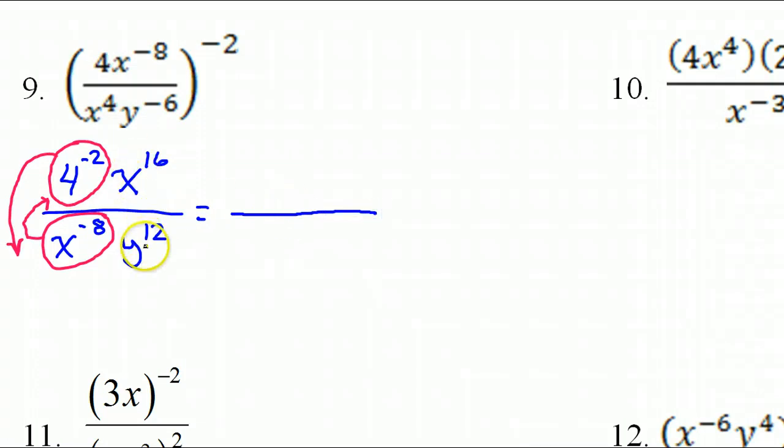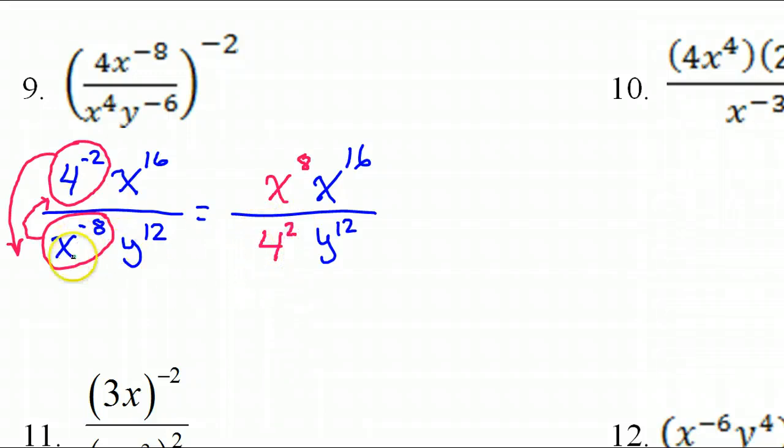First of all, these things are going to stay right where they are. So I have x to the 16th power, that stays put. I have y to the 12th power, that stays right where it is. Now, I said I was going to move this up, so I'll have x to the positive 8 power that I just moved up. I said I would move this down, so I'll have 4 squared down here on the bottom. Alright, these switch places.